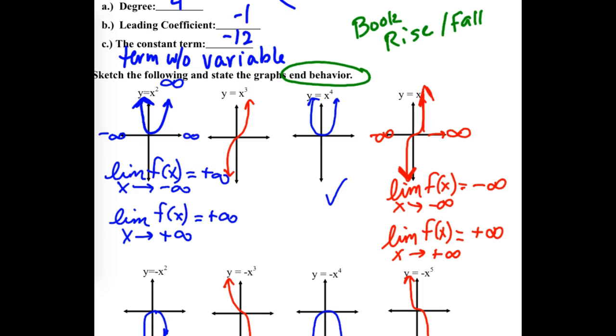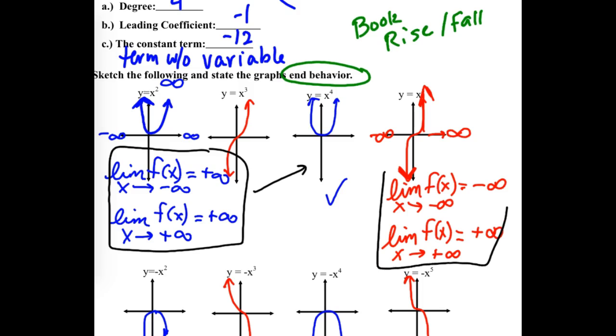Okay? So, for the top row, both blue graphs, okay, this works for that one as well. On the top, both red graphs have this version. Okay, because the arrows are really going in the same direction.